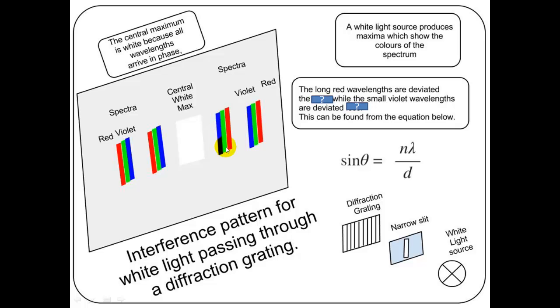Now the difference between this one and this one is that in the first order, that's when there's a path difference of one wavelength. This is a second order, where there's a path difference of two wavelengths. The long red wavelengths are deviated the most, while the small violet wavelengths are deviated less.